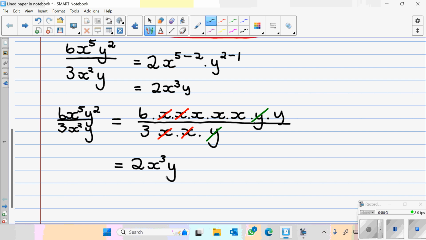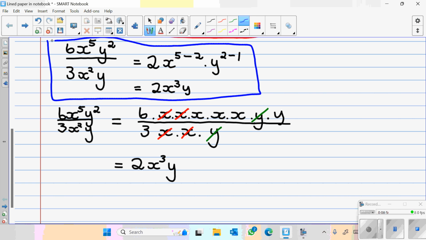If we use the exponential method where we apply our laws, which is this one, it looks much easier and it's much quicker, especially if our sums become more complicated.